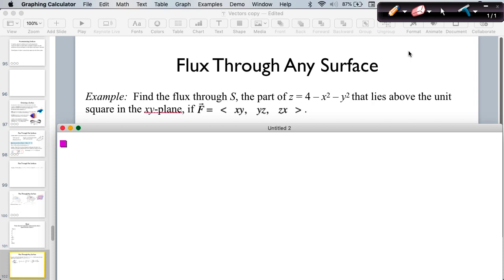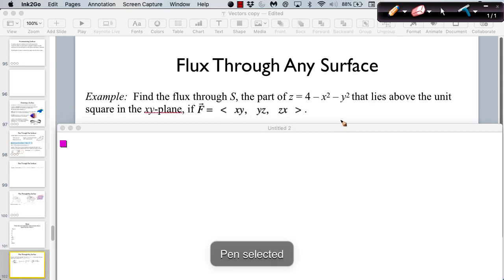So z equals 4 minus x squared minus y squared. There's actually two natural parameterizations of that. What would they be? What would the two natural parameterizations of that be for u and v?